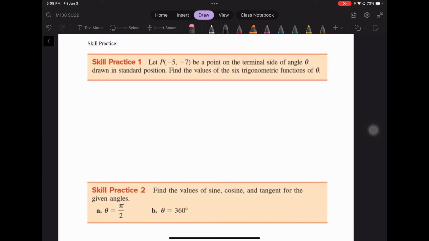Okay, we're working on skill practice 1 from chapter 5, section 3, where we are finding trigonometric function values for non-acute angles. So the first thing you want to do is draw your triangle.